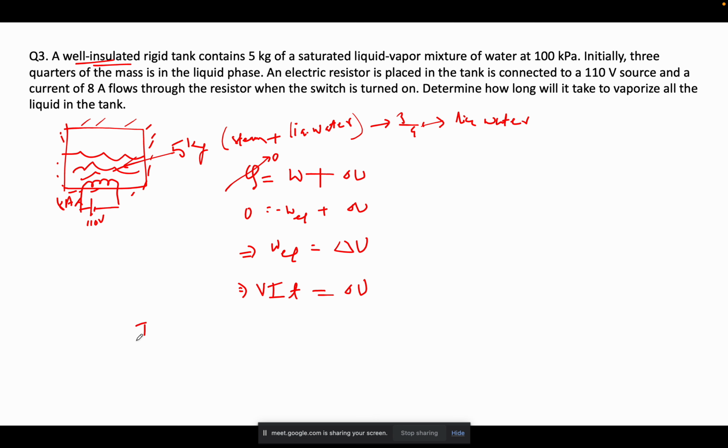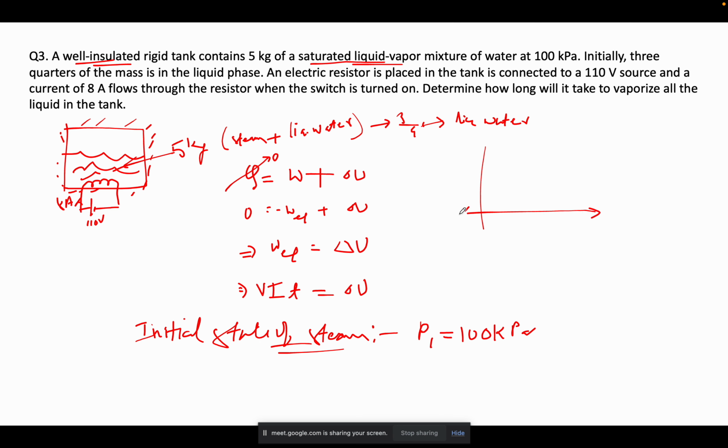Okay, so initial state of steam. For the initial state of steam, what we know is the pressure is 100 kilopascal. Since the pressure is 100 kilopascal, do we know the temperature? Yes, we know the temperature because it is telling us that this is a saturated liquid vapor mixture.